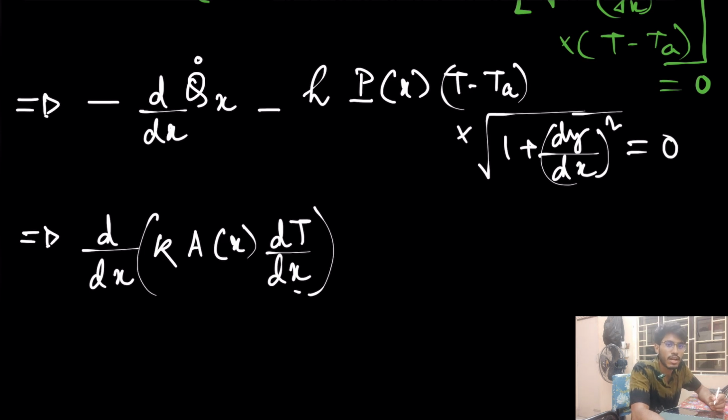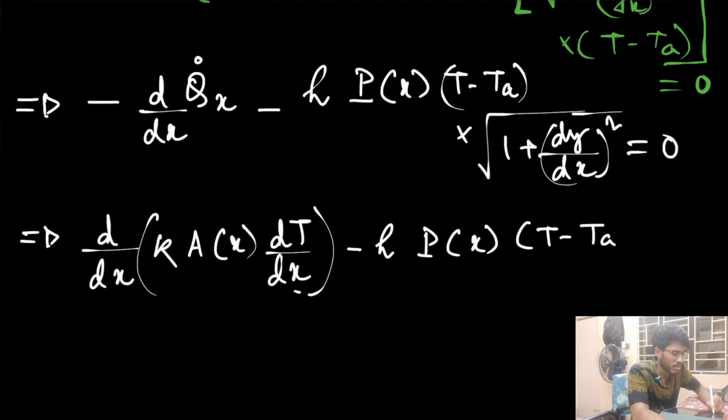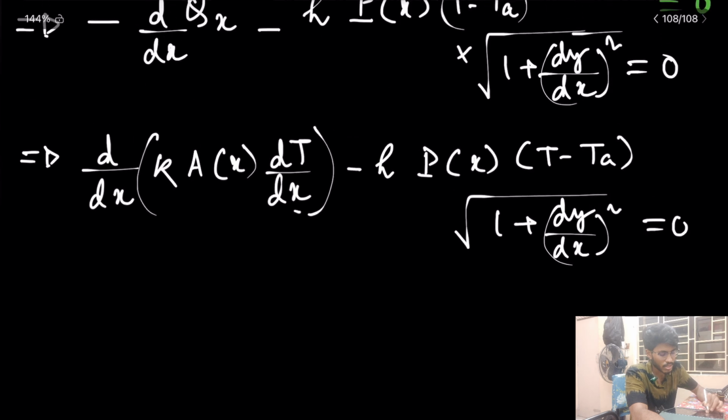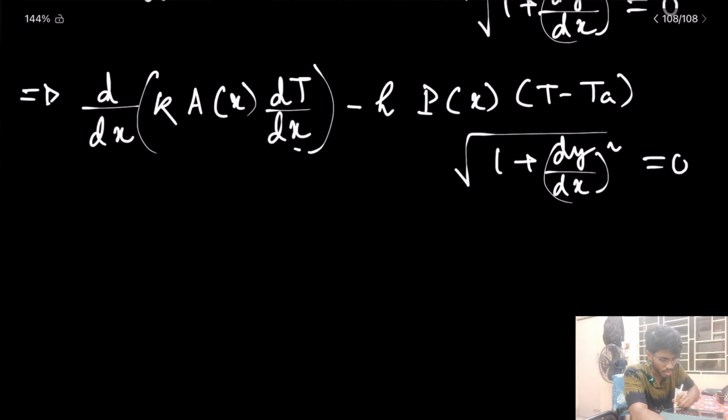Because I have already suggested before solving the problem, that T is not a function of y and z. And now perimeter of x, I am still writing it as just P of x, but afterwards I have to write the actual function to solve the problem. Till now I am just writing the general governing equation.